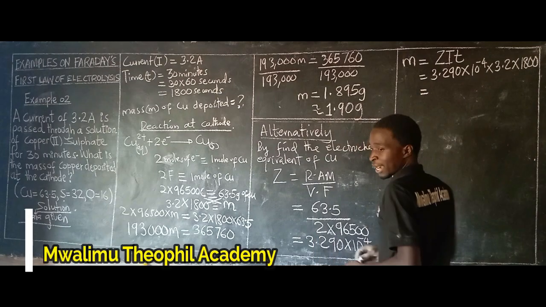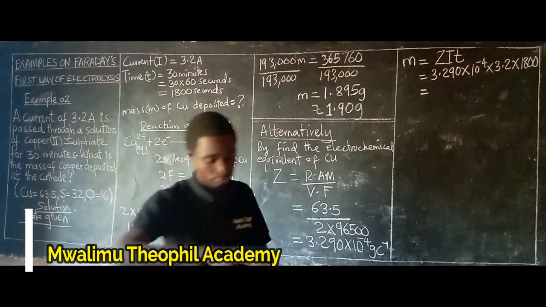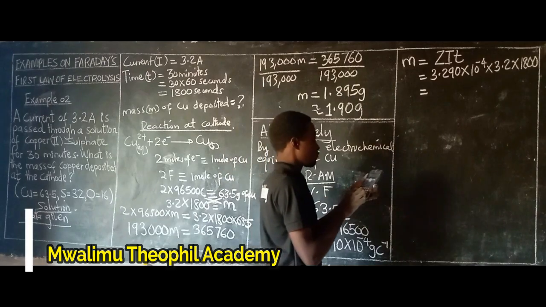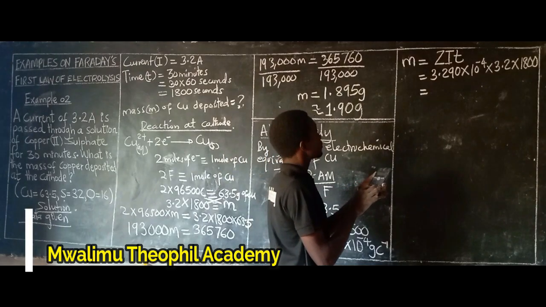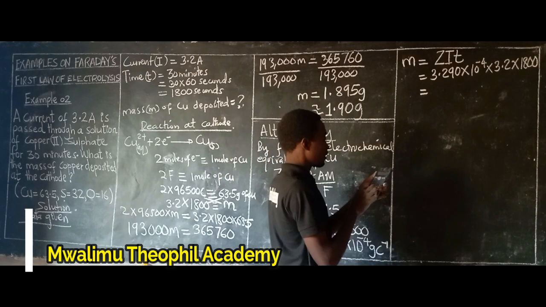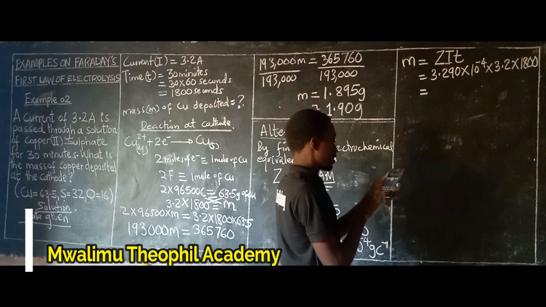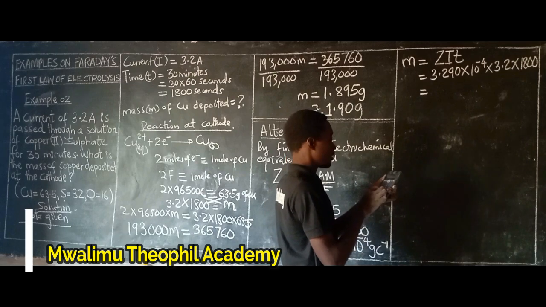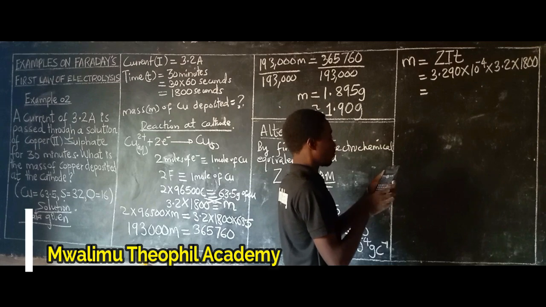Let us compute in a calculator. We have 3.290 times 10 raised to negative 4 times 3.2 times 1,800. What do we get?